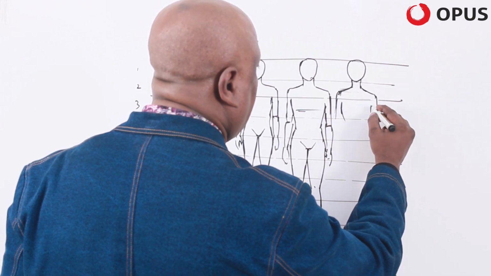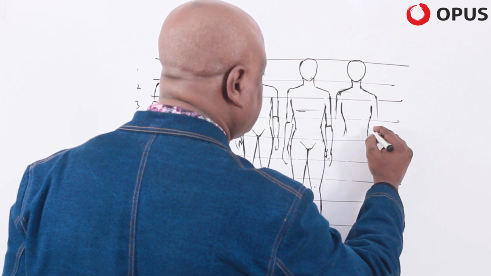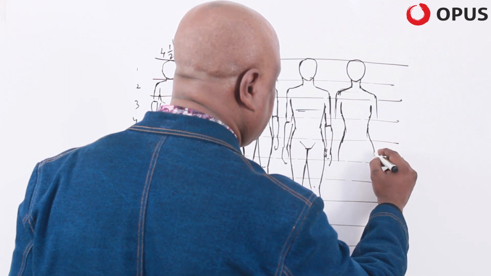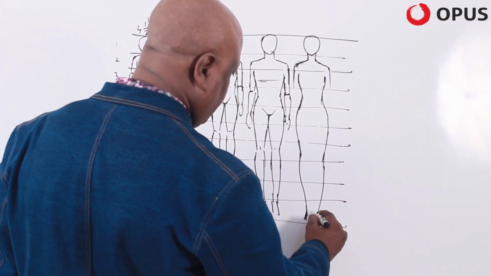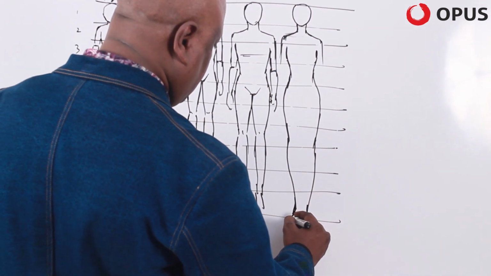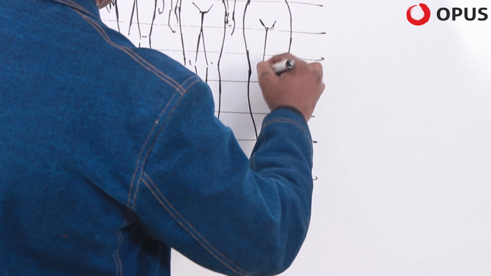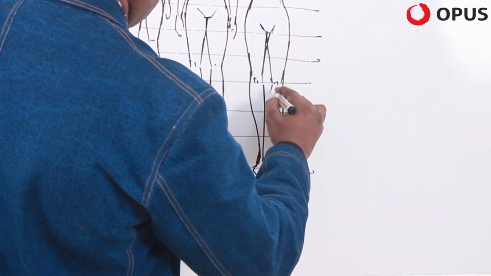Let me see how I can put a stylized version of the body structure. If I make the body structure a little more stylized and the legs, so you can see that I have increased the feet here till this much, and the torso and the leg portion are defined till here.